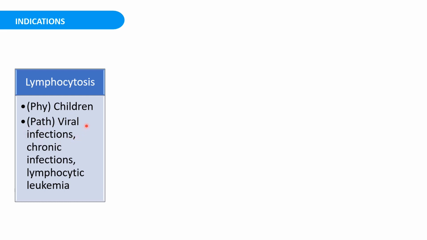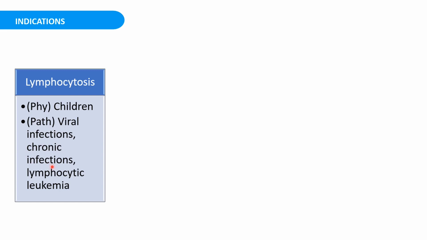So if a person is suffering from viral infection, there will be lymphocytosis and neutropenia. If these two conditions are present, a decrease in neutrophil count and an increase in lymphocyte count, that means the person is suffering from viral infection, not bacterial infection. If there is bacterial infection, the neutrophil count will be more. This is how we differentiate between viral and bacterial infection. Viral infections in most cases are self-limiting, except corona.